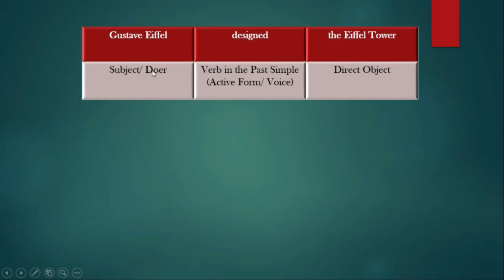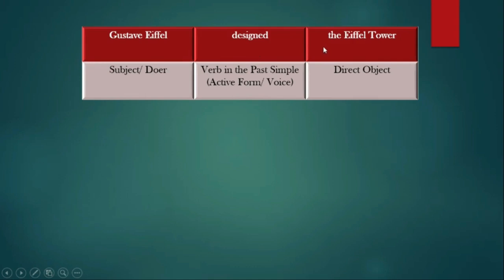When I say the doer, I mean the doer of the verb. And the next column, designed, and beneath it, verb in the past simple, active form or active voice. You can say active form or active voice. Both of them are correct.